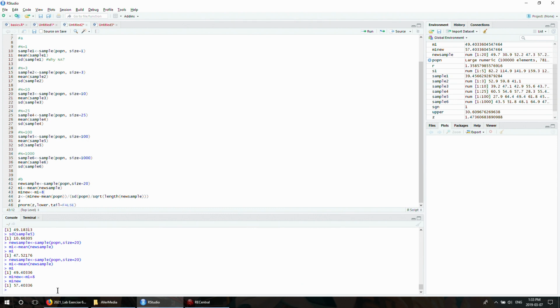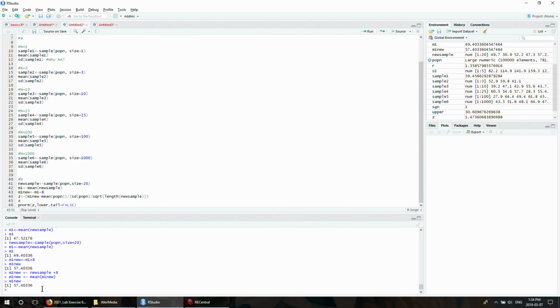Now, a different way you could do the same thing is, let's say we stored to m1 new the new sample plus 8. And now we store to m1 new the mean of m1 new. So it's just getting the mean of this number and erasing whatever was in there and putting the mean of that sample in m1 new.